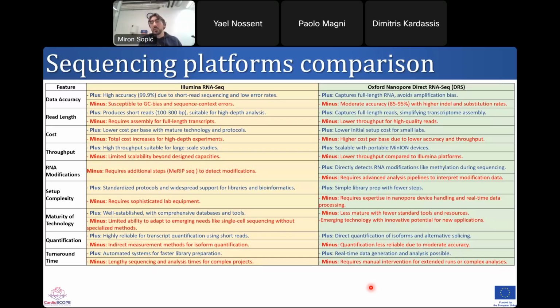With Illumina sequencing, you cannot really have information about isoforms, not without super developed specific pipelines. And here with Oxford Nanopore, because they are longer reads, you get really nice information about the isoforms. You can also get information about different modifications.